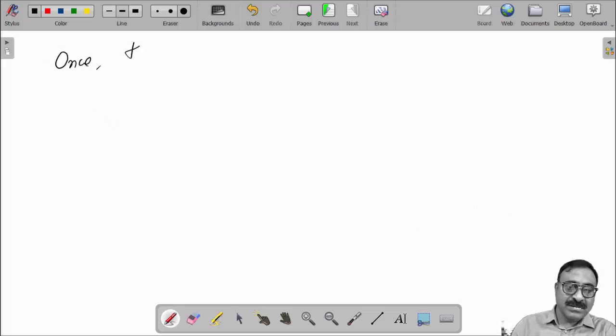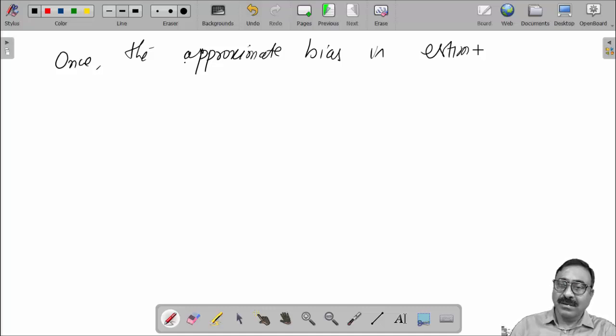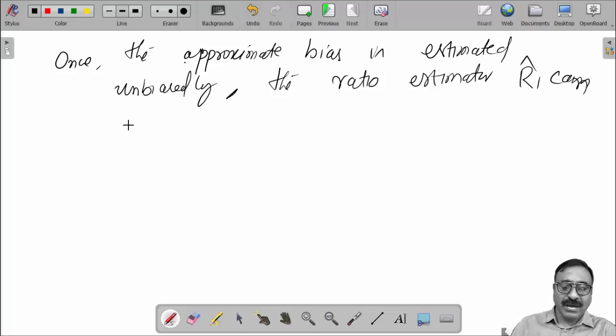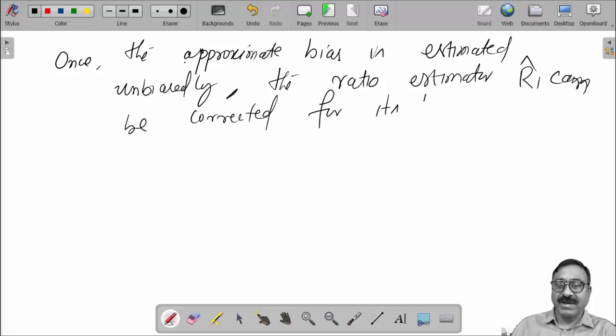So now once the approximate bias is estimated unbiasedly, the ratio estimator R1 cap can be corrected for its bias.